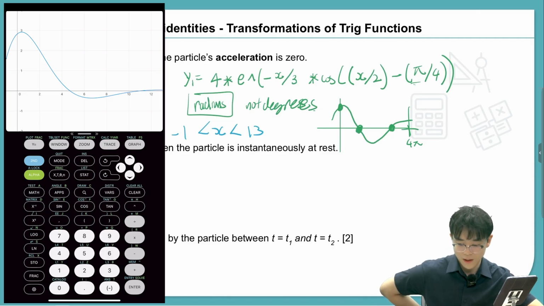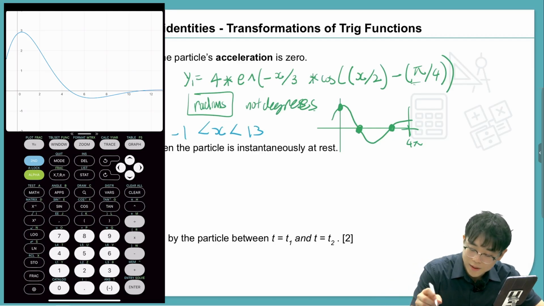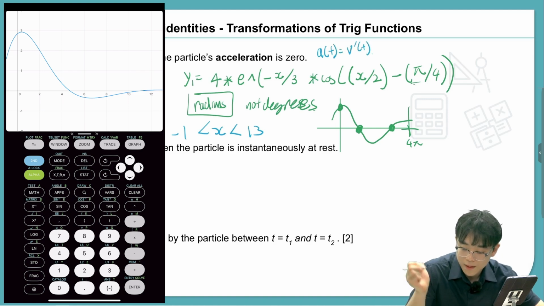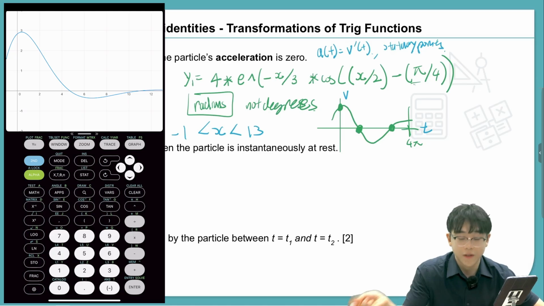Okay, so what do you need to find? T1. T1 is the first time the particle's acceleration is 0. Note that acceleration as a function of time is basically v prime of t. So v prime of t going to 0 means, in the case of our v to t function, we're looking for the stationary points, basically when the tangent line has a slope of 0.